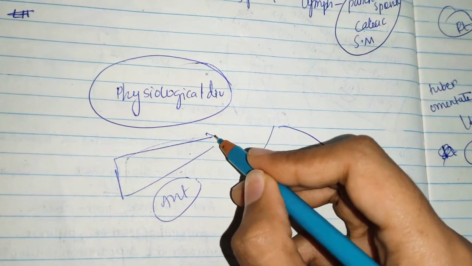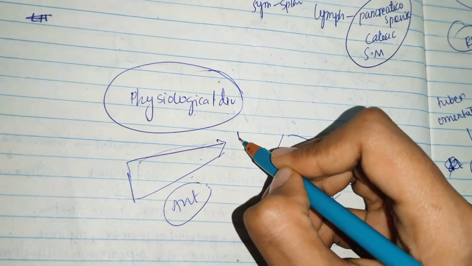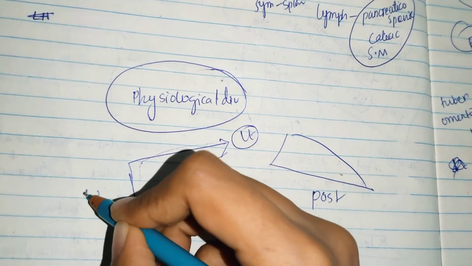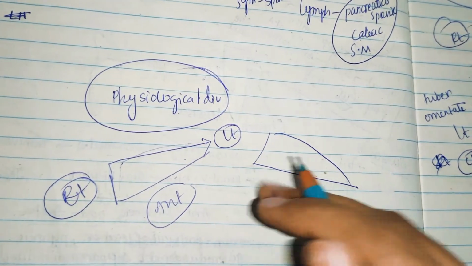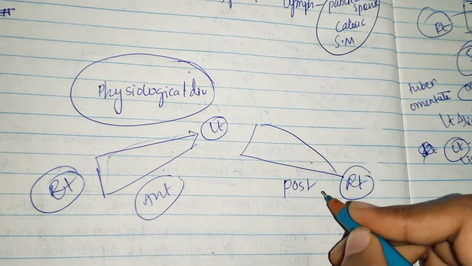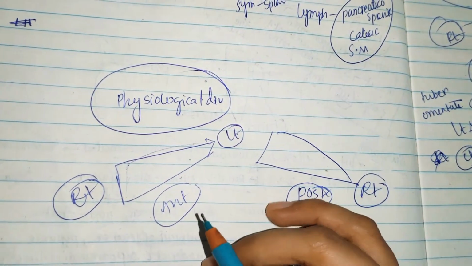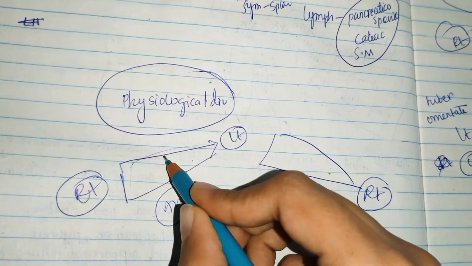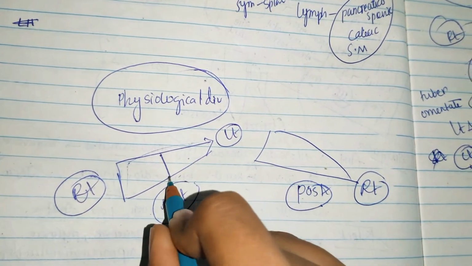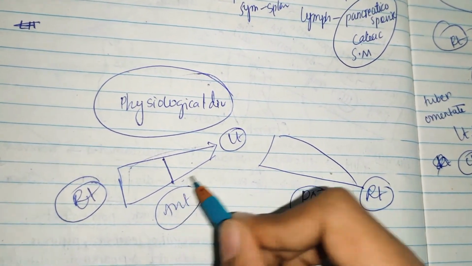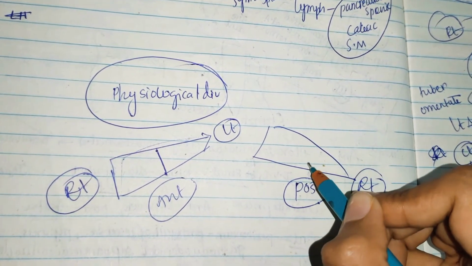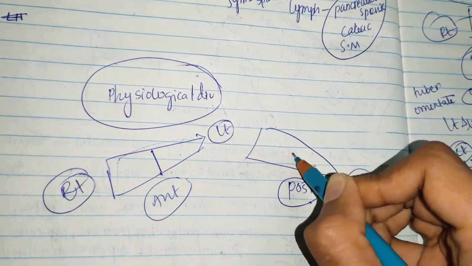Of course this will be the left side, this will be the right side, and the same on the posterior side. Now let us draw what is going on. First we need to draw a plane over here like this, and this will also continue inferiorly, and from there it will come like this.